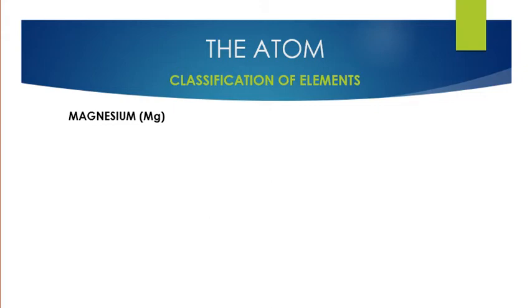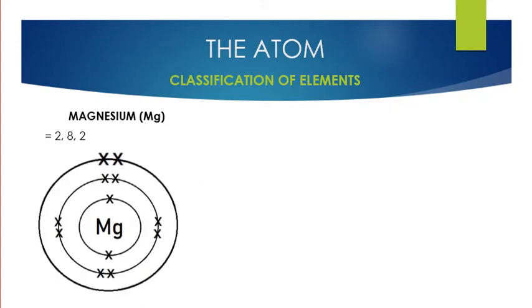And so it will have 12 electrons in its elemental state. And so its electronic configuration will be 2, 8, what? 2. Yes. And its electronic configuration drawn will look like this.